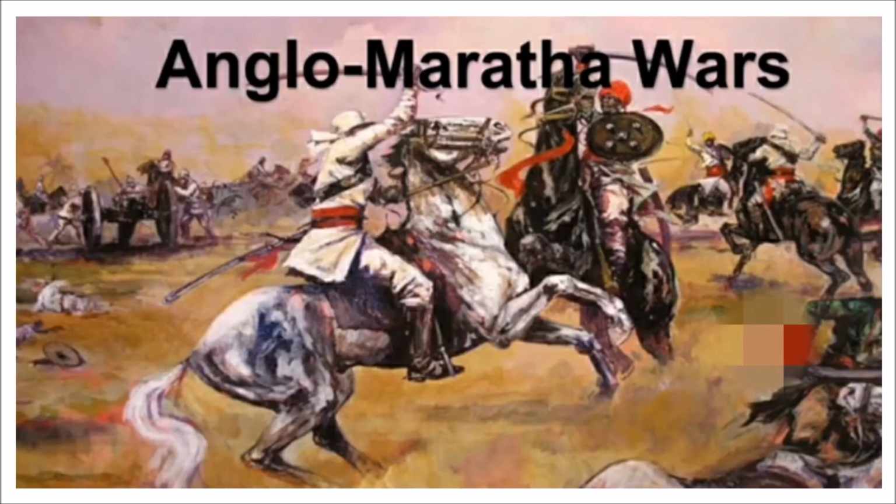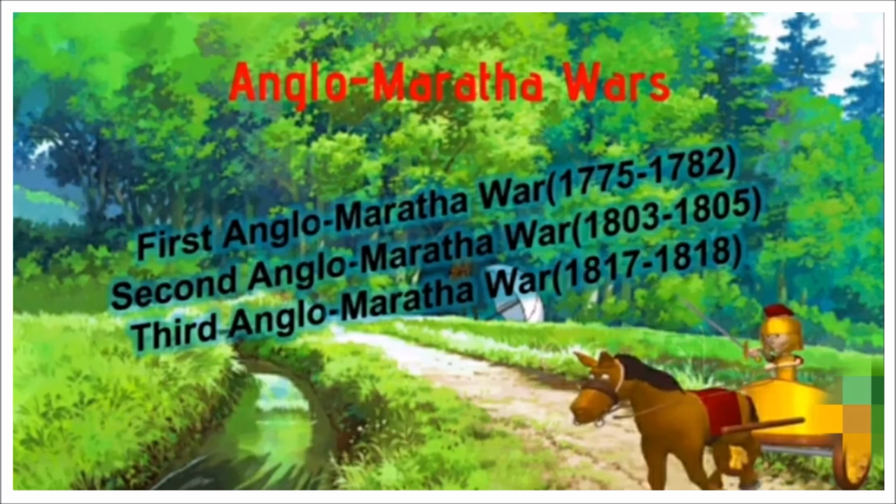Now, let's move on to the Anglo-Maratha Wars, that is between the British and the Marathas. The Marathas ruled over the Maharashtra region. The Anglo-Maratha Wars were fought in three phases. The First Anglo-Maratha War was between 1775 and 1782.